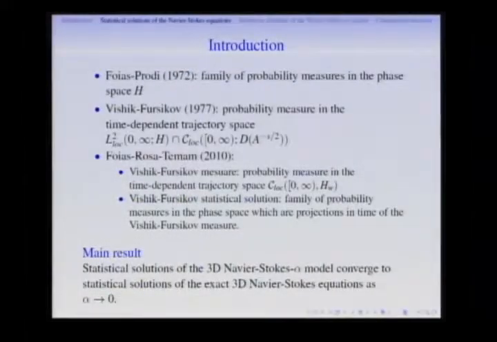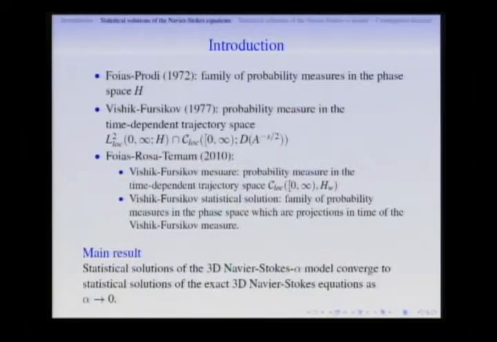And this new notion of statistical solutions also has this sense of probability measure in the time-dependent trajectory space, which is the more natural for the Leray-Hopf weak solutions. And the good property is that when we project this probability measure in the time, we obtain a family of measures, which is a statistical solution in the sense of Foias and Prodi.